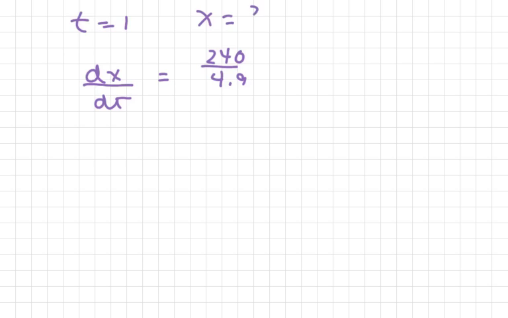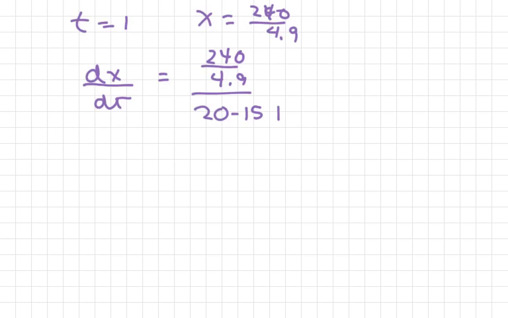Alright, then at this point we're going to do it t equals 1. So when we have t equals 1, we're going to plug everything in. So we get derivative of x with respect to t equals x, we already found out was 240 over 4.9, and then we had 20 minus y, and my y was 15.1.